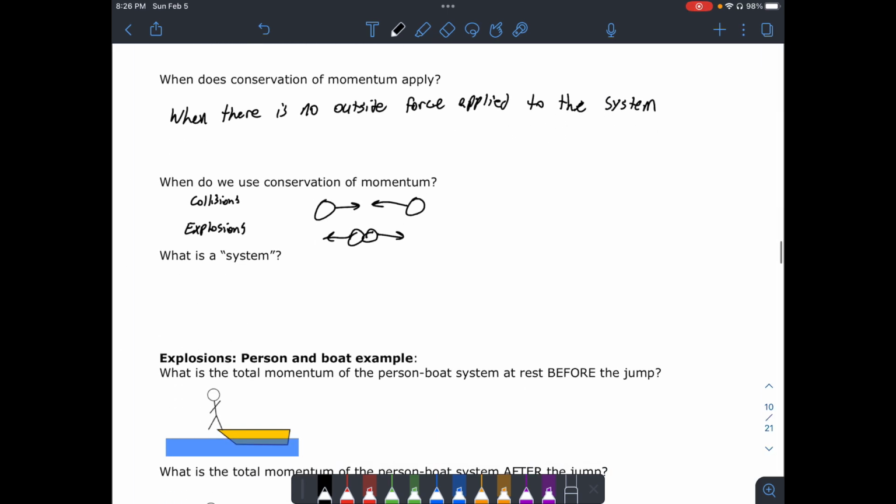And what is a system? A system is going to be defined in this class as two or more objects that are determined to be of interest.